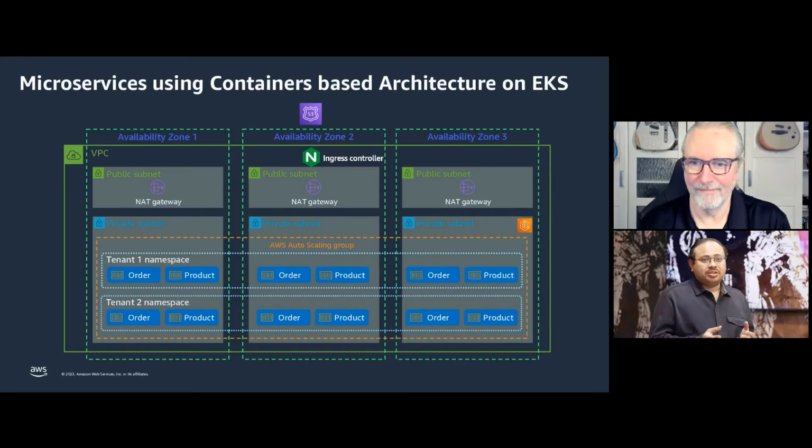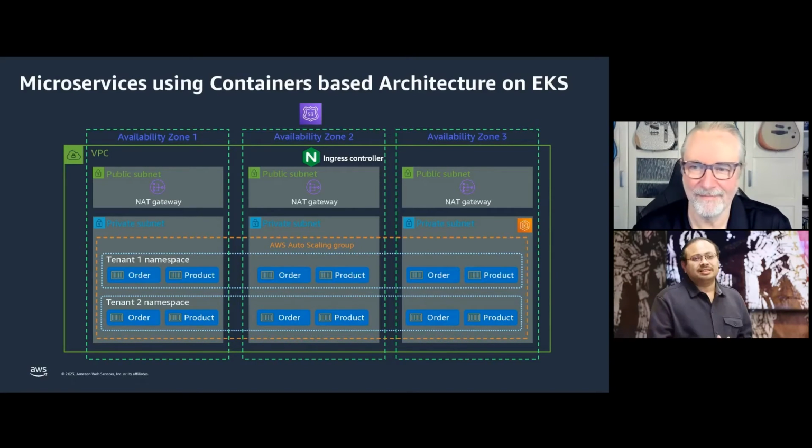One of the approaches is, when you're on Kubernetes, you can use a namespace per tenant. Each tenant that you're serving would be in a Kubernetes namespace. As we can see on the slide here, we have the product and other microservices in individual namespaces. That is going with the silo model. Another approach is to have a tenant per cluster.